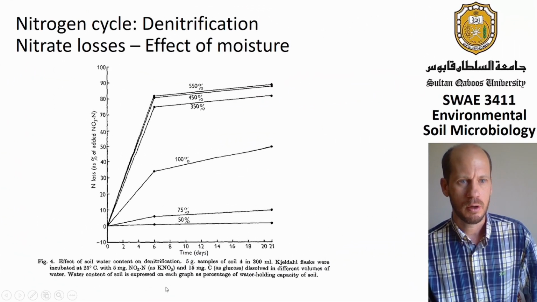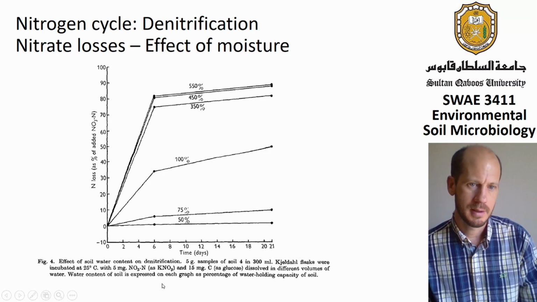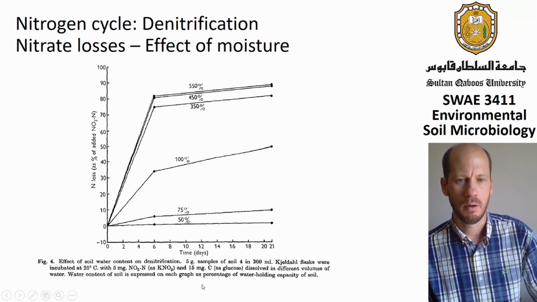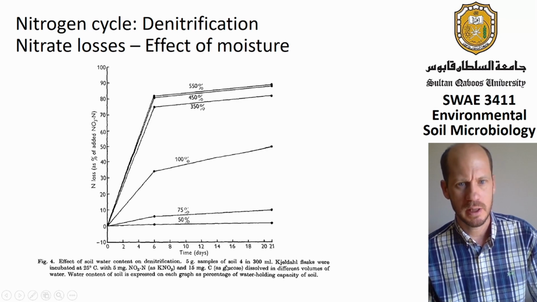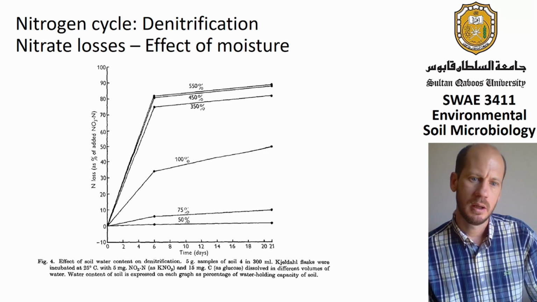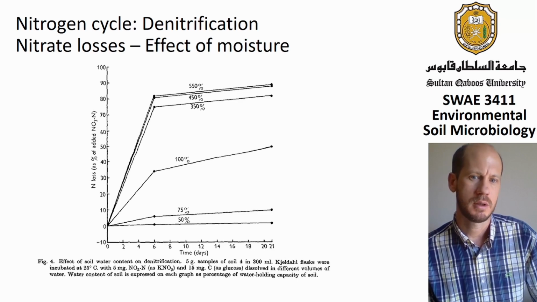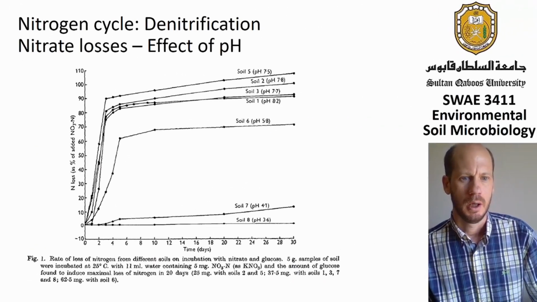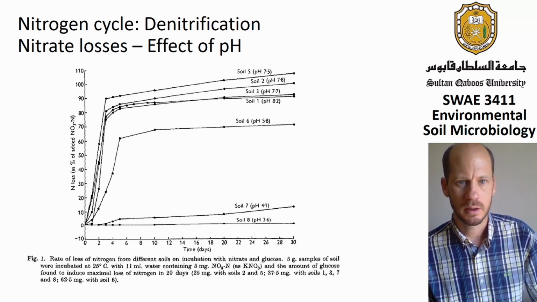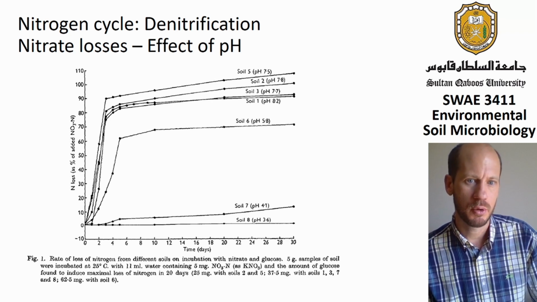Now, the nitrate loss by denitrification is also a function of the concentration of nitrogen, but is also a function of the moisture condition. You have to remember that this process is anaerobic, and the more moisture you have, the more anoxic conditions, and this will lead to more denitrification losses. The other factor that is affecting is pH, because in very acid conditions, this process is decreasing.